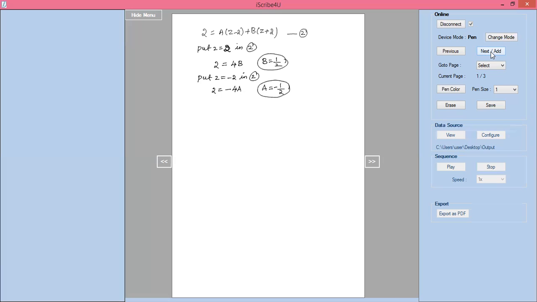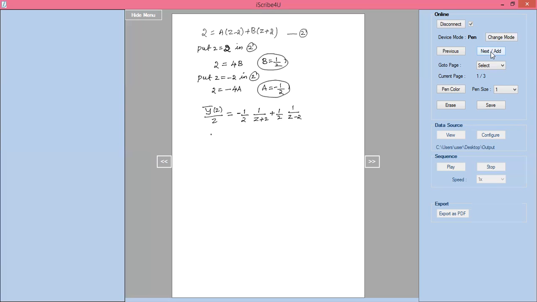Now I know the values of A and B. Now I can substitute the A value and B value in equation number 1. Equation number 1 is nothing but y bar of z divided by z equal to A, which is minus 1 by 2, into 1 divided by z plus 2, plus B, which is 1 by 2, into 1 divided by z minus 2.